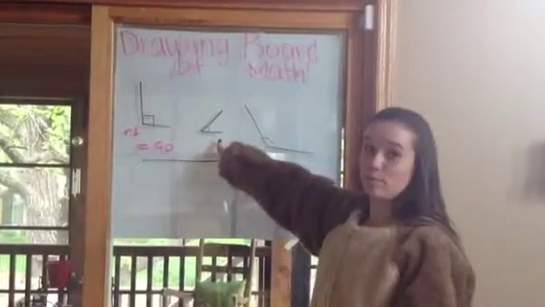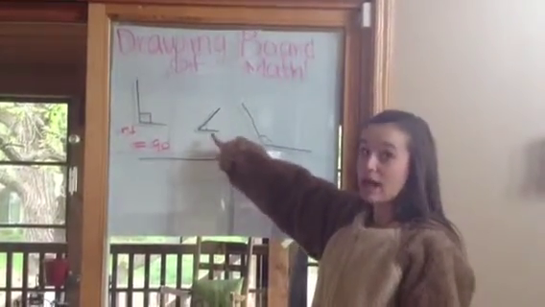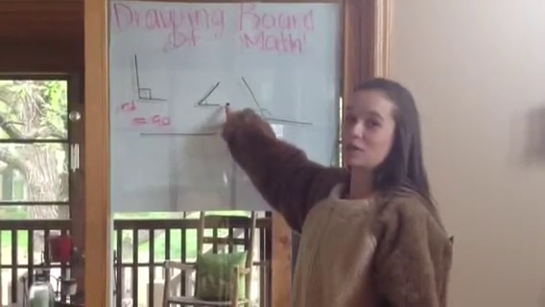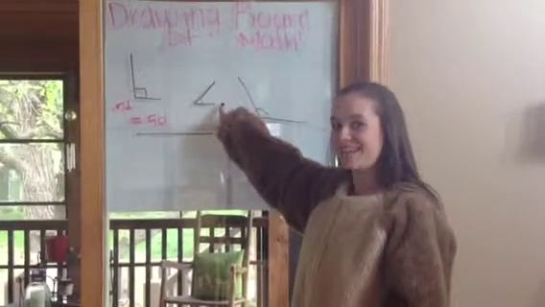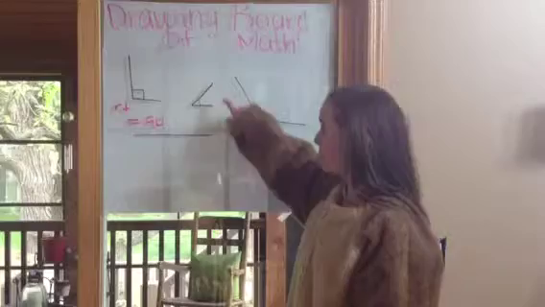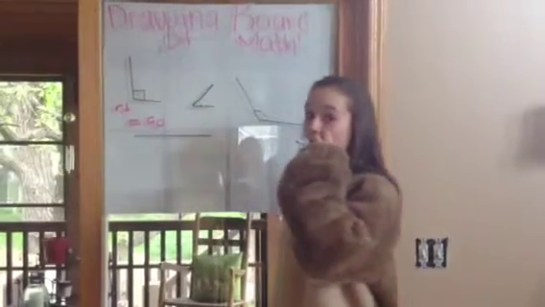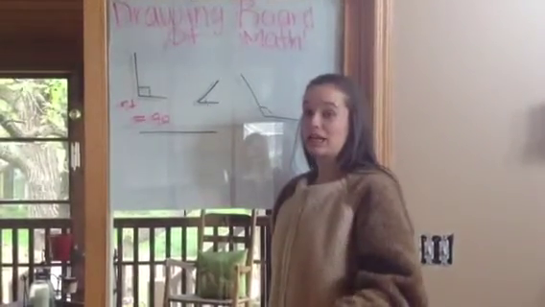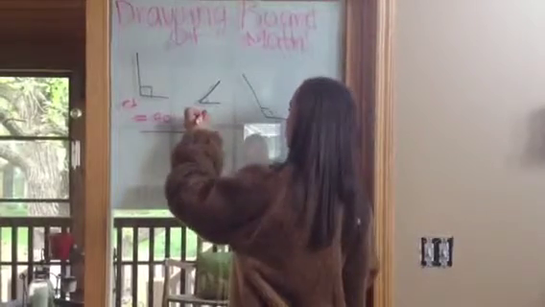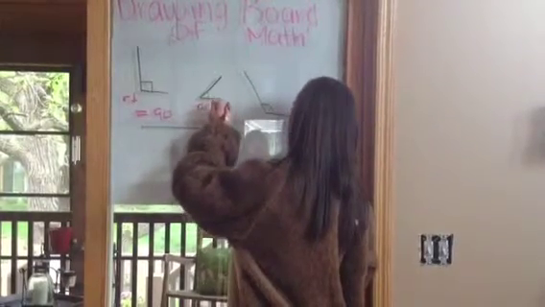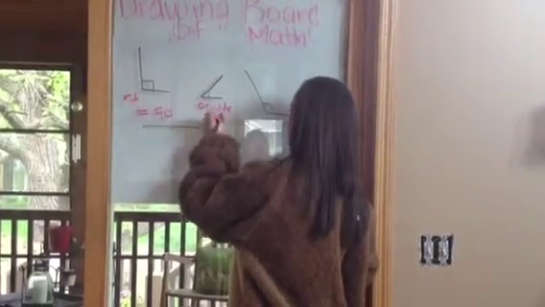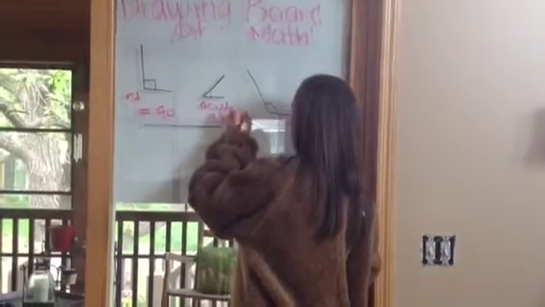This one is my personal favorite type of triangle and angle because it's called acute. Get it? Acute there, acute angle. Acute angles are always less than 90, so they're 89 or less. So acute equals less than 90.